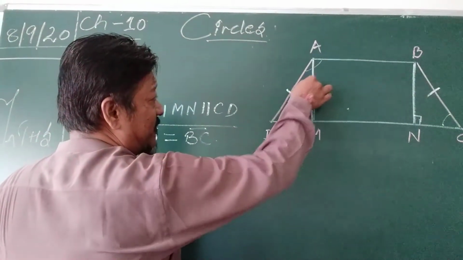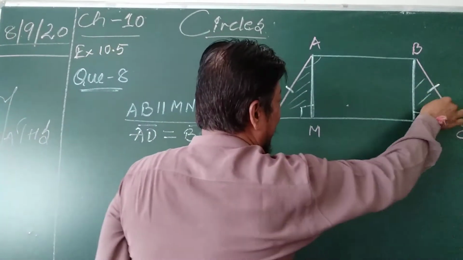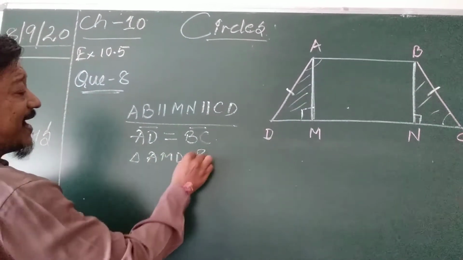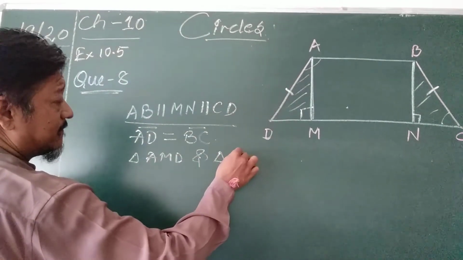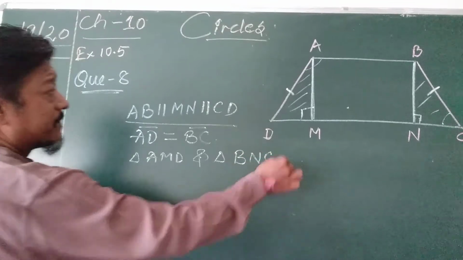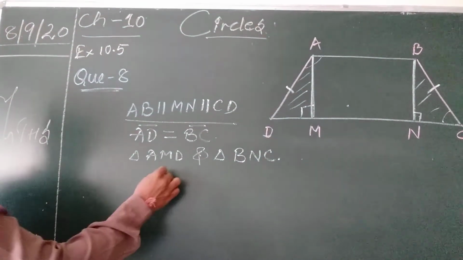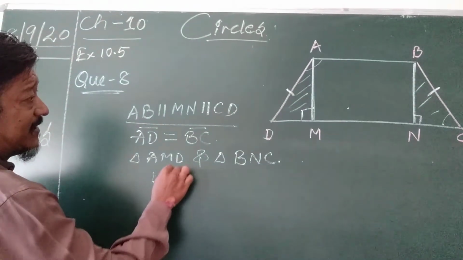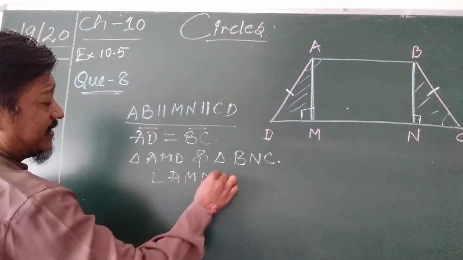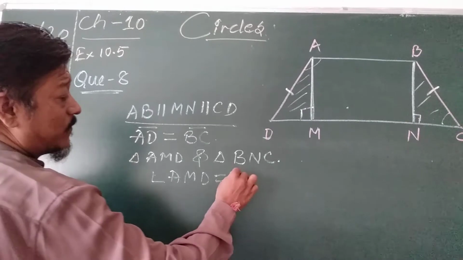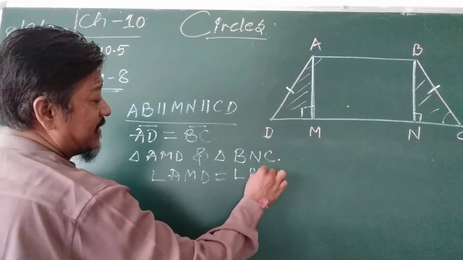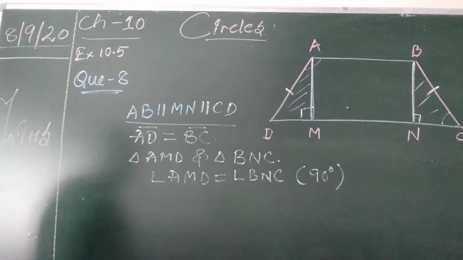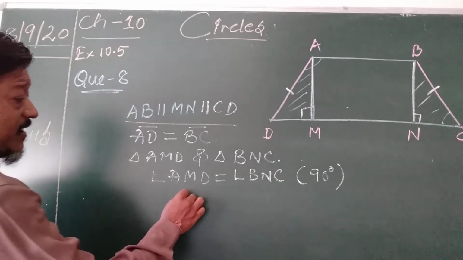Now, after drawing this perpendicular, in the triangle AMD and triangle BNC, it is given that angle AMD is equal to angle BNC, which is 90 degrees, perpendicular.